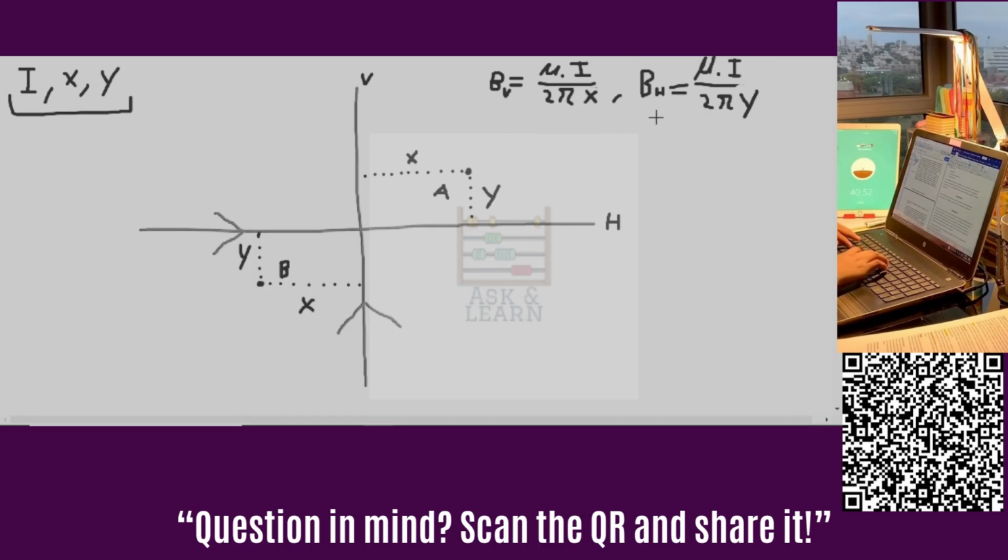Now, let's use the right-hand rule, because we need to find direction. For BV, if you point your thumb in the direction of the flowing current, which is up in this case, your fingers will curl around.